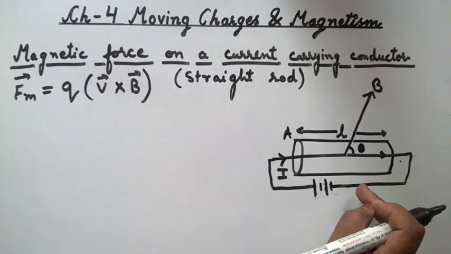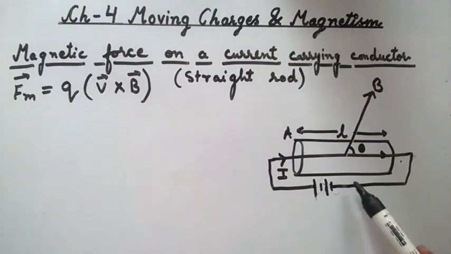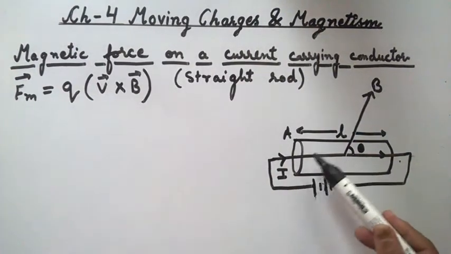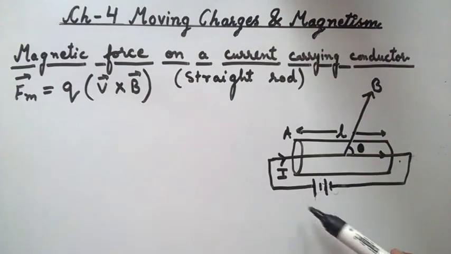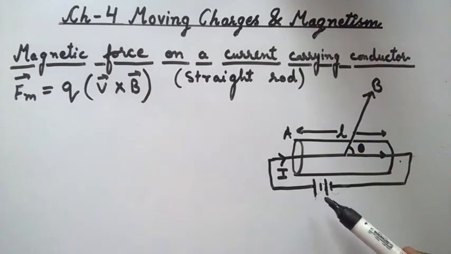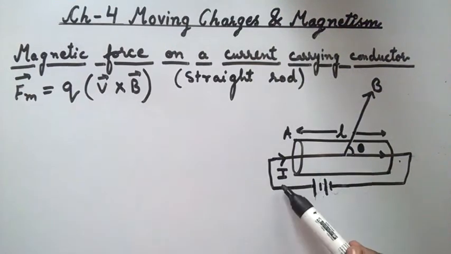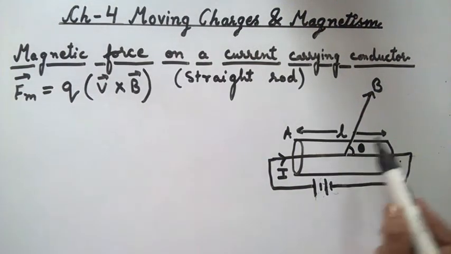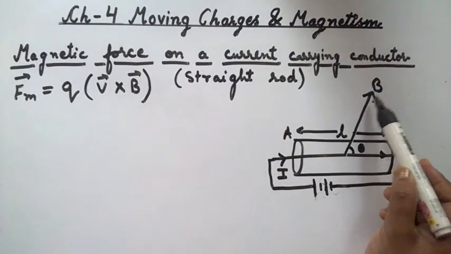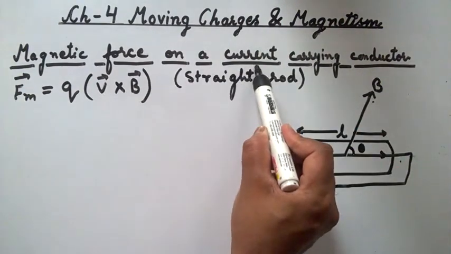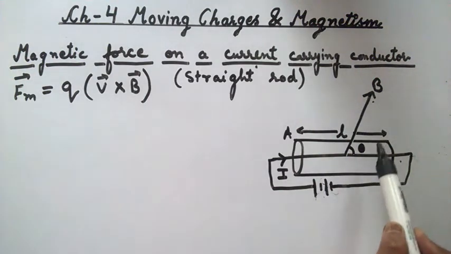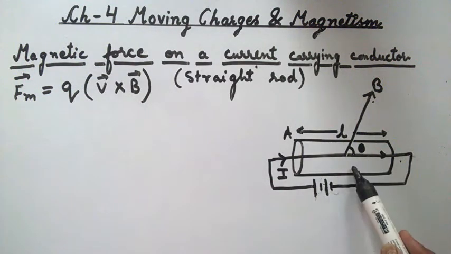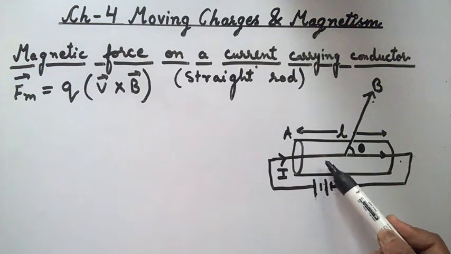Drift velocity is that average velocity with which the electron is moving from one end to the other end, that is from the negative to the positive end, by the influence of the external electric field. And here we are considering the external magnetic field by which the current carrying conductor is experiencing a force. Here we are not taking into account the magnetic field produced by this current carrying conductor.